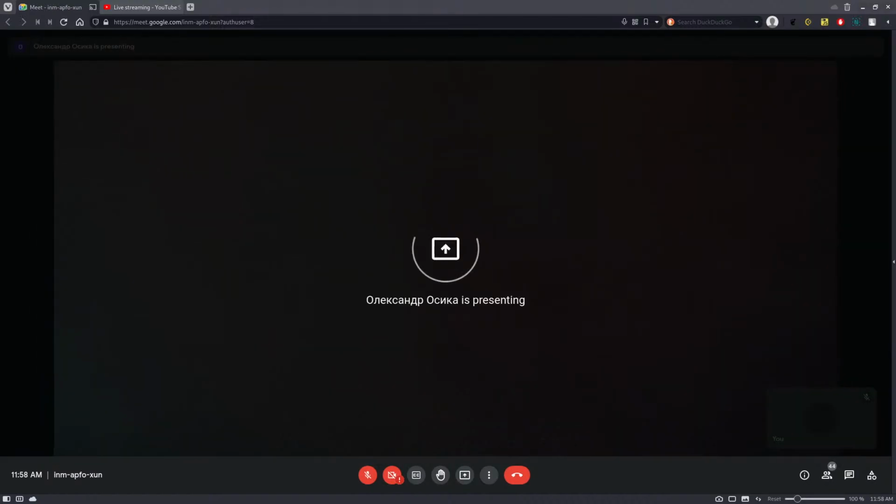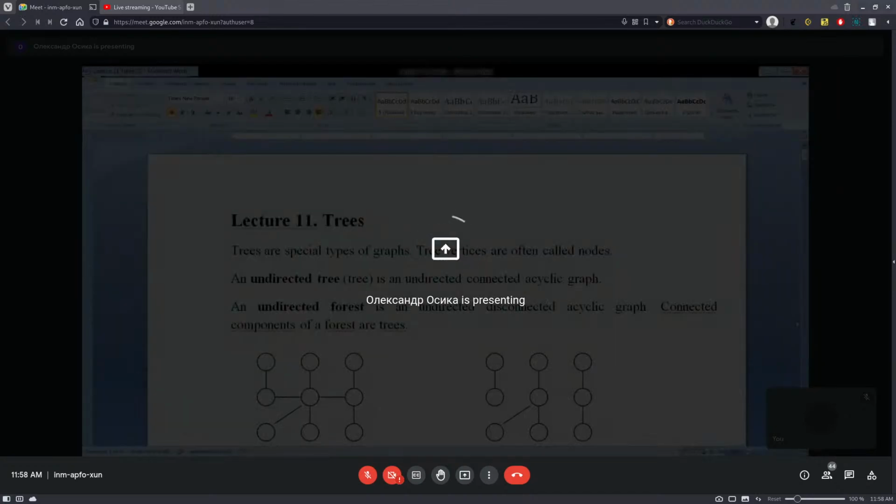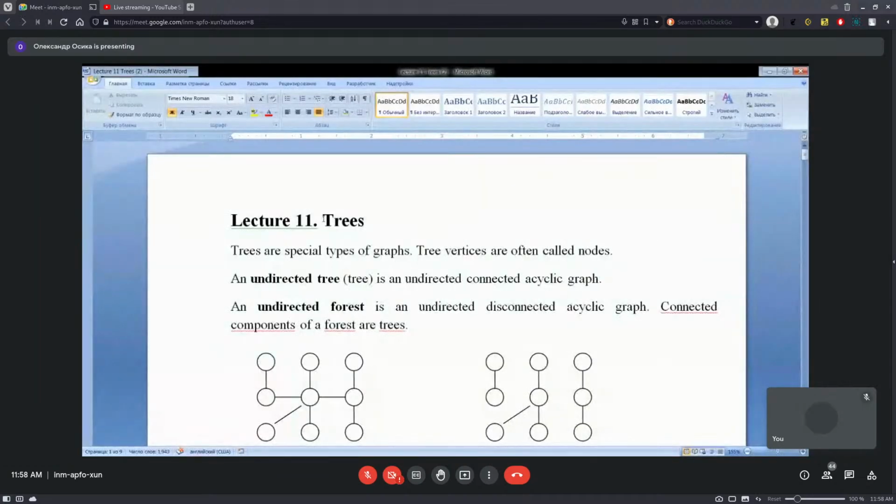People in groups 4 and 5, do you see this Lecture 11 Trees? Yeah, we do. Very nice. People, thank you for your kind attention.